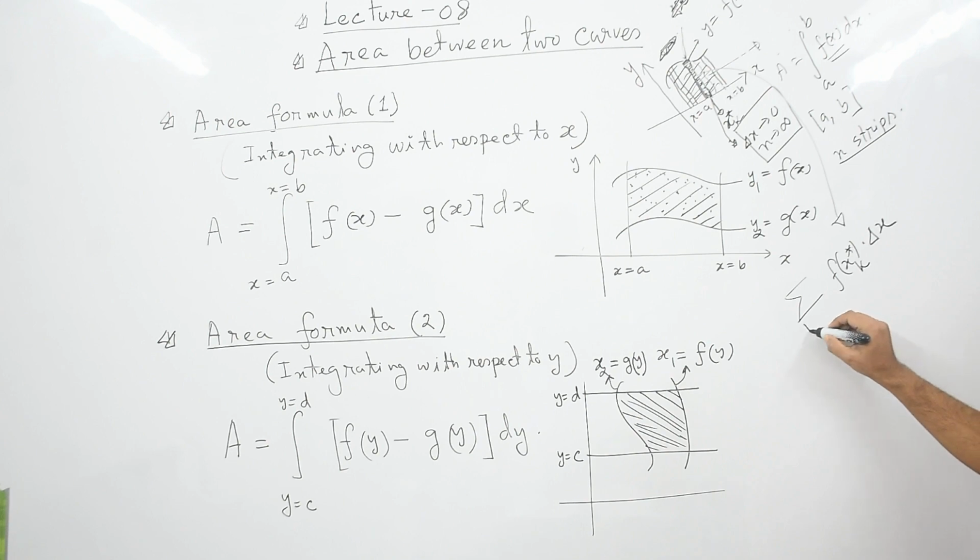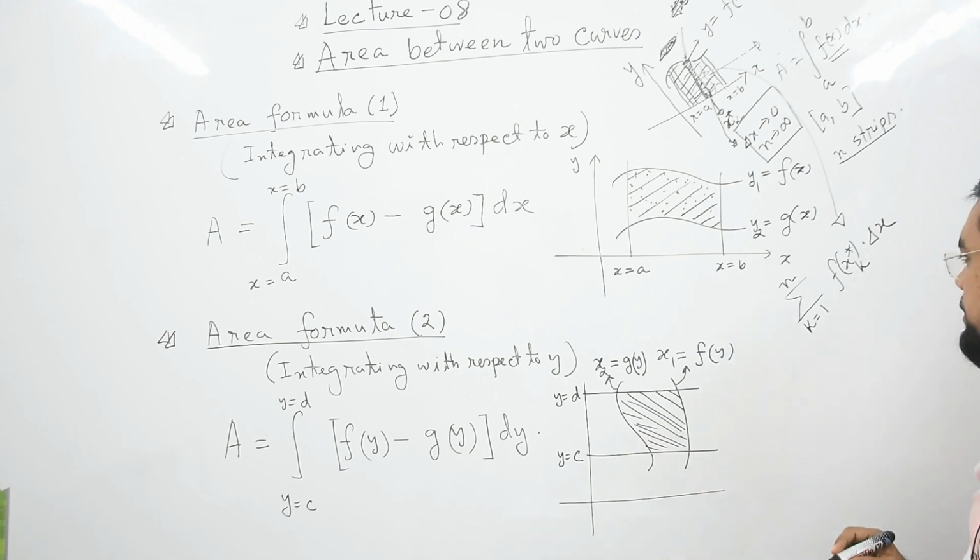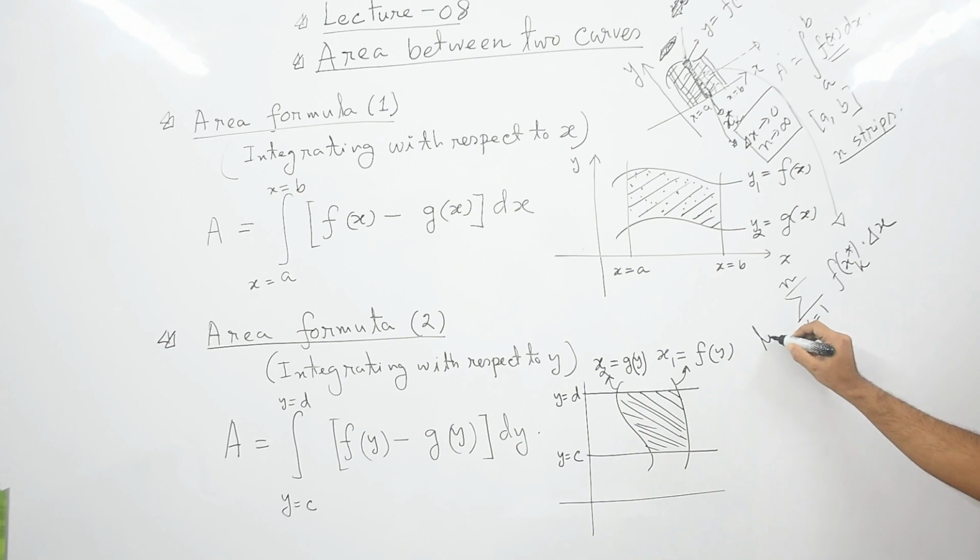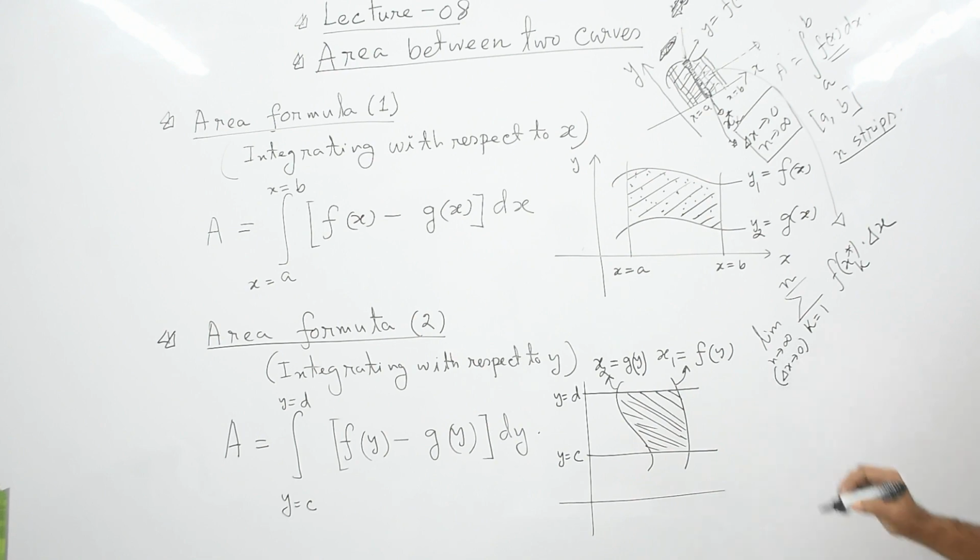In that case, let's say k equal to 1 to n. So this is called Riemann sum, and if you take a limit here, either n tends to infinity, or you can write delta x tends to 0, any one you can write.